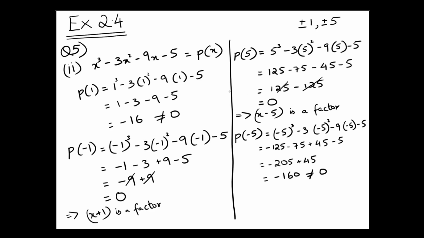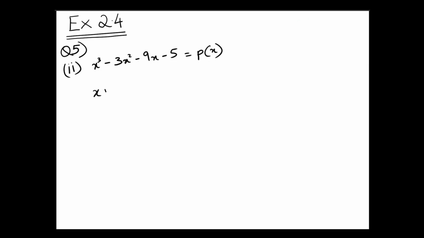So this means that out of all the possible ones, we found two of the factors, which is x plus 1 and x minus 5. Now, in order to find the third factor, we need to do a bit more effort. So we have x plus 1 into x minus 5 multiplied by another, let's say, q of x is equal to p of x.